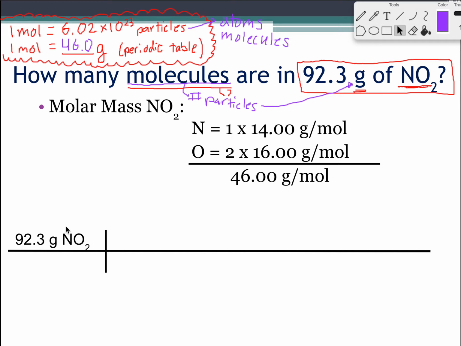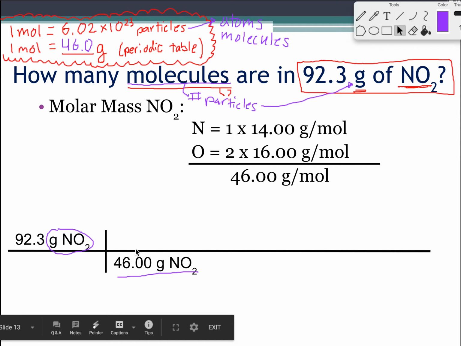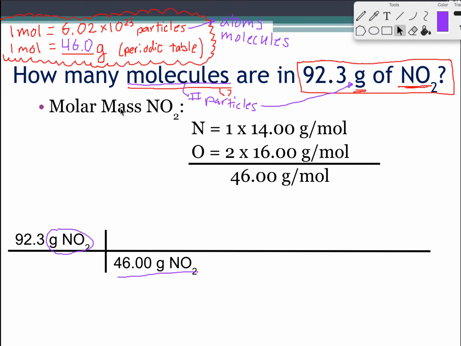So if I have grams of NO2 right here, then I want to make sure that I also put grams of NO2 down here. We take our conversion factor, the molar mass, and stick it on the bottom.